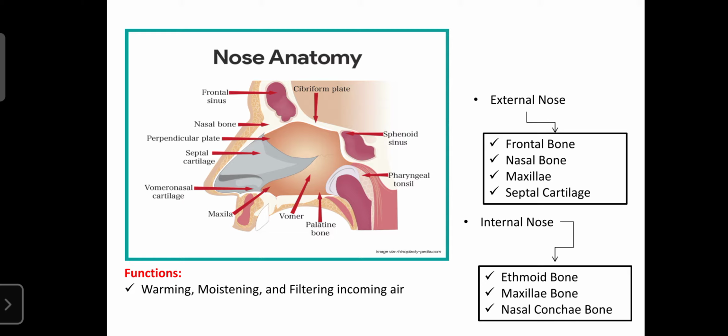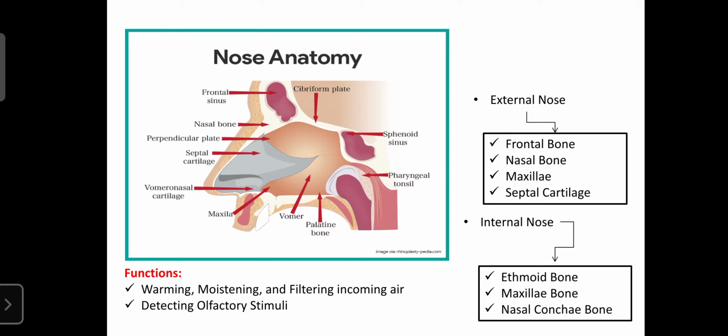The next function is that the nose also plays an important role in detecting olfactory stimuli. Olfaction is nothing but smell. The nose plays an important role in detecting stimuli along with the olfactory nerve.